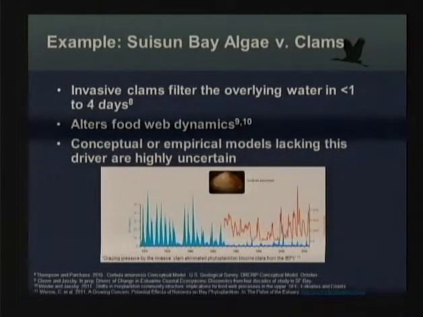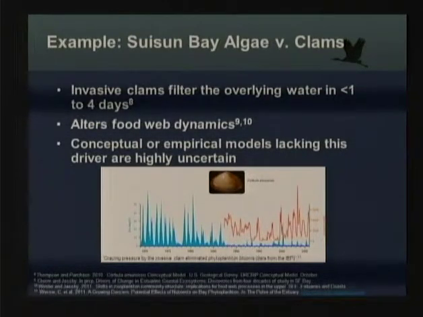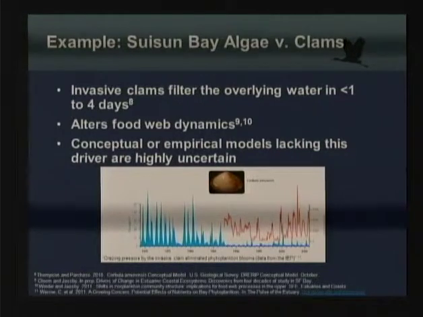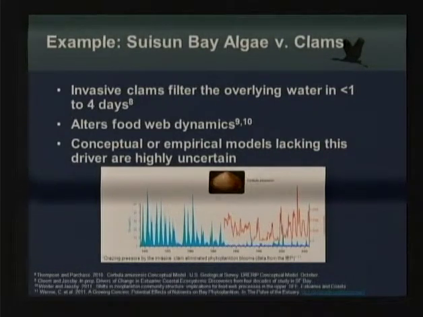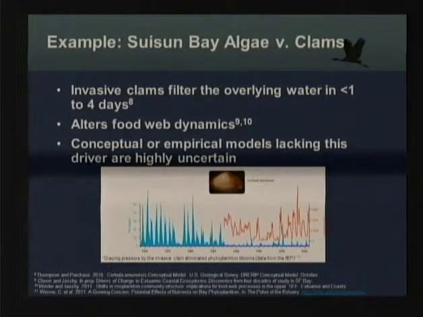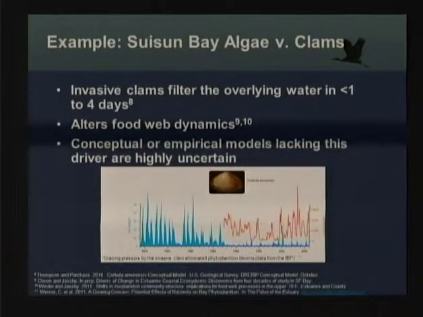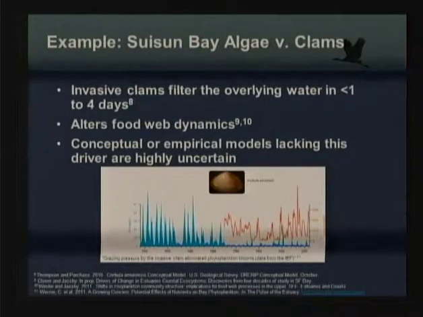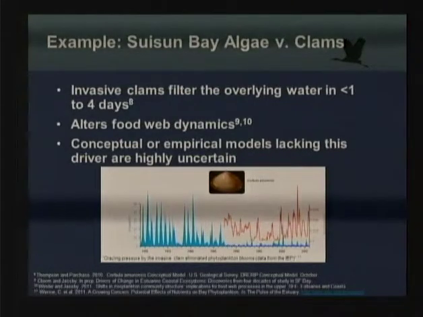By one estimate, they can filter the overlying water column in less than 1 day to 4 days, so there's quite a bit of algae removal. And they alter food web dynamics. So conceptual or empirical models that exclude this driver are highly uncertain in explaining what's going on in the delta.